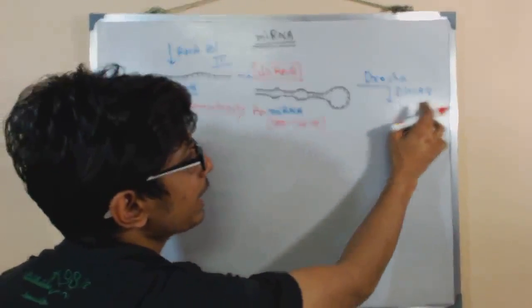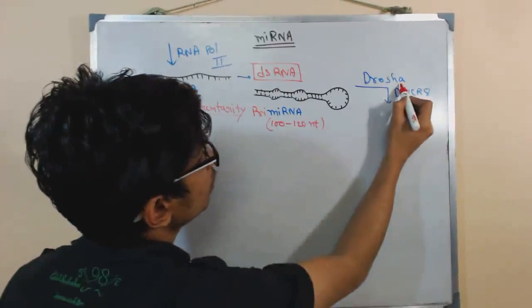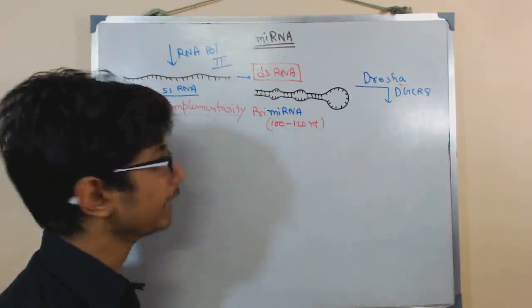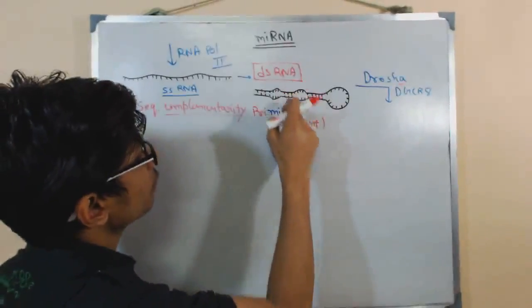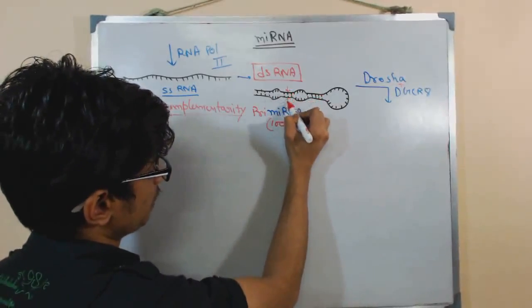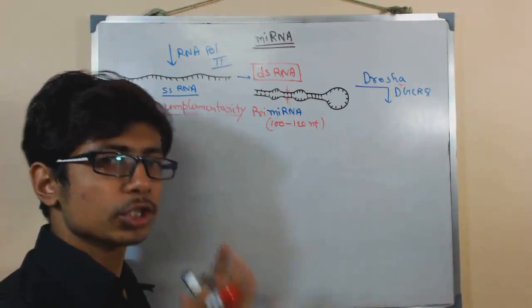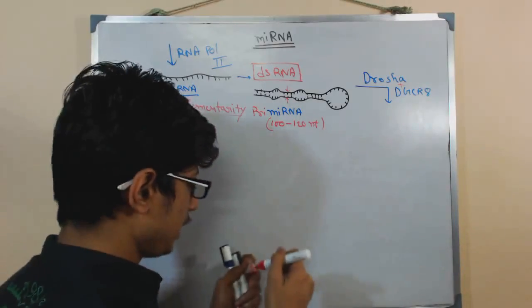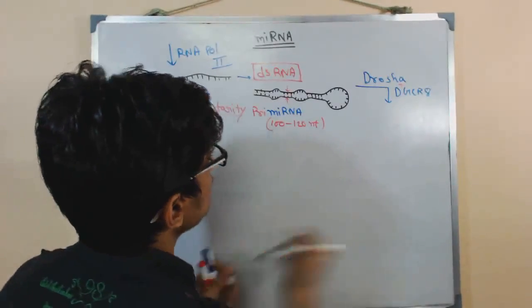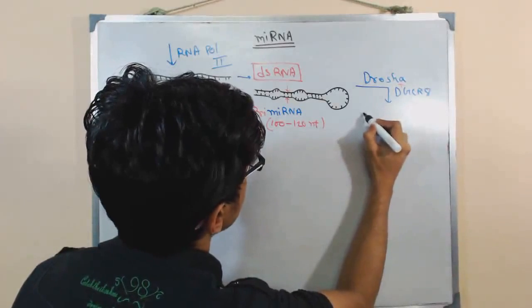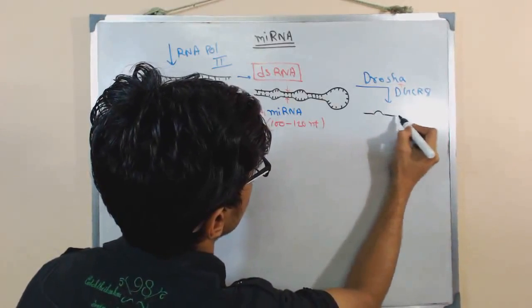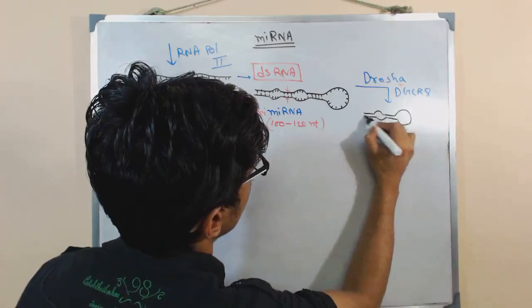This Drosha and DGCR8 act on this miRNA. It will cut some region of this miRNA. For example, it cuts from this particular location. So it makes this miRNA shorter. And the miRNA it is producing then is termed, so let me draw it for you here, like this.